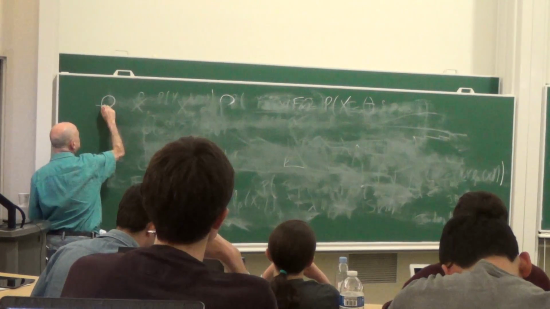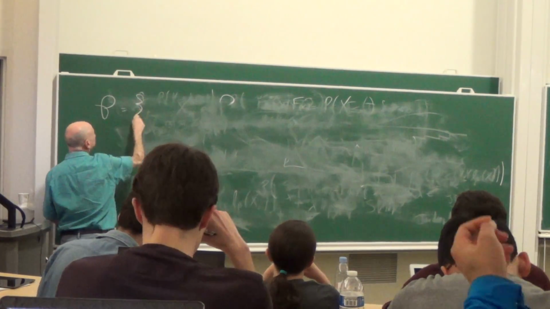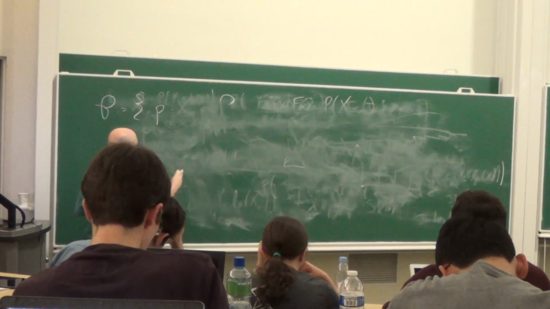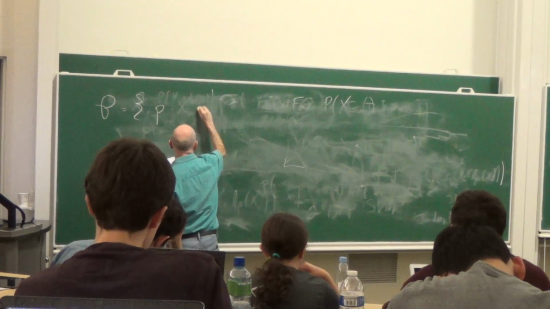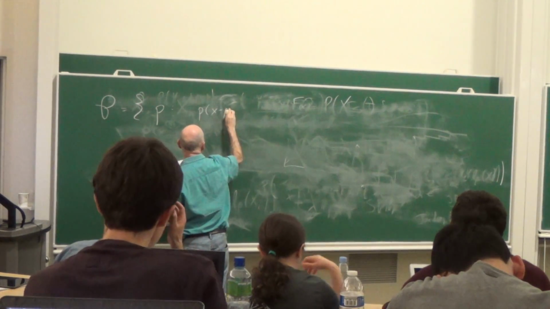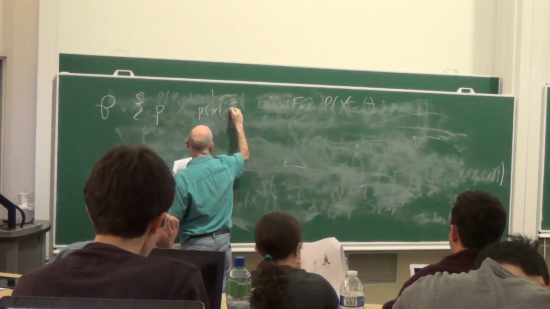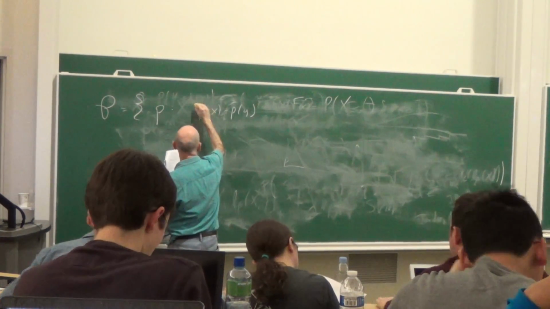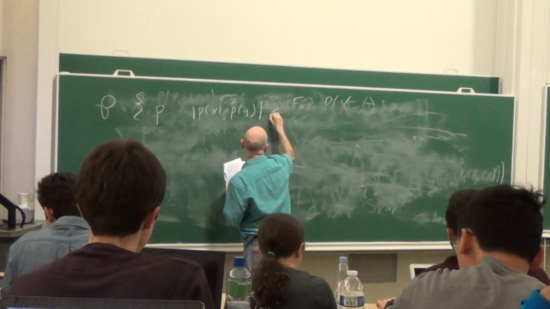We're going to use this class of densities. We're going to assume that the density satisfies the following smoothness constraint, namely that it's Lipschitz.